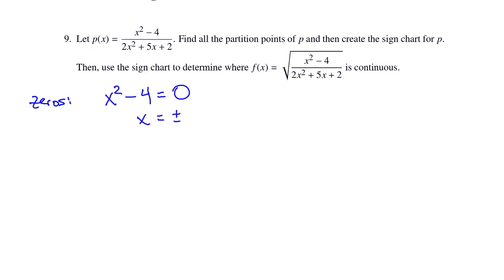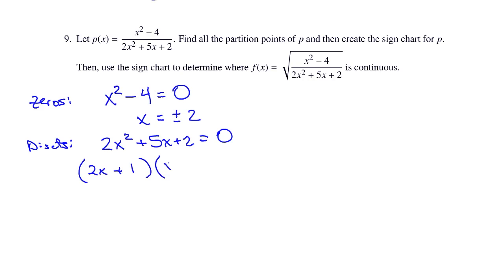So that would be plus or minus 2. And the discontinuities by finding where the denominator has zeros. This one factors as 2x plus 1 and x plus 2. Set each of these equal to 0 and solve, and you get x equal to -1/2 and x equal to -2.